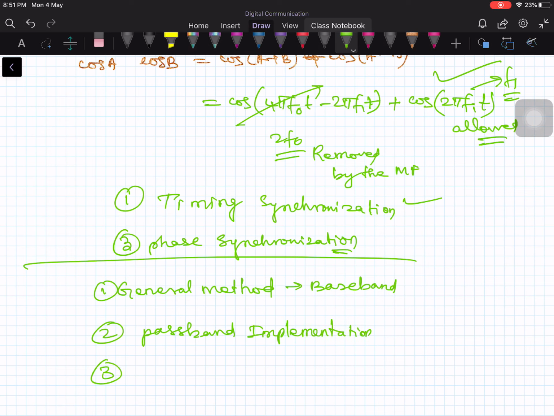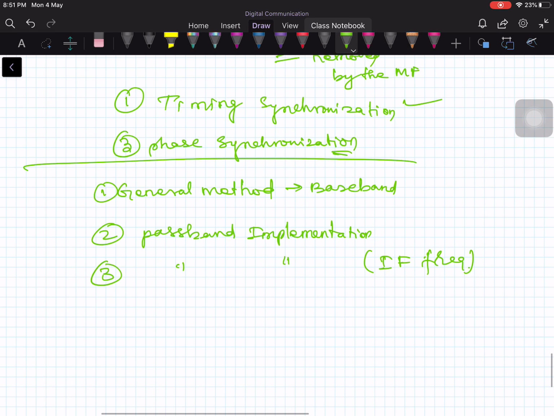The third one is the same passband implementation but with the IF frequency. So there are three methods we have seen now. Then one more method is there that I will discuss in the next class, something called a correlator receiver.